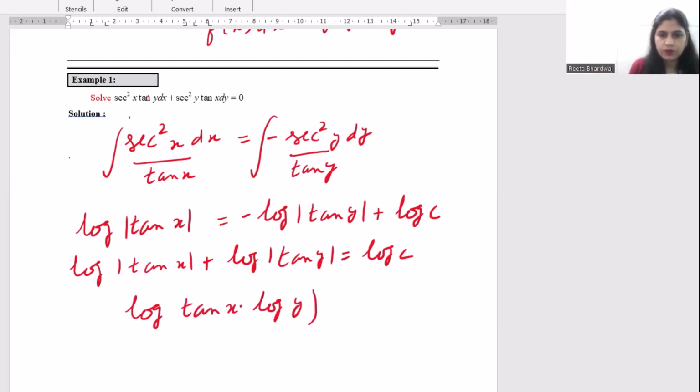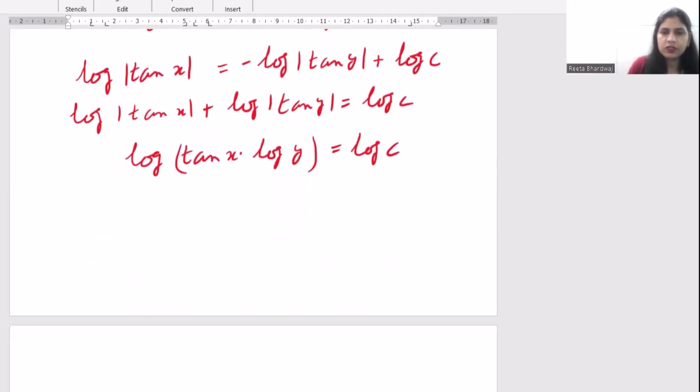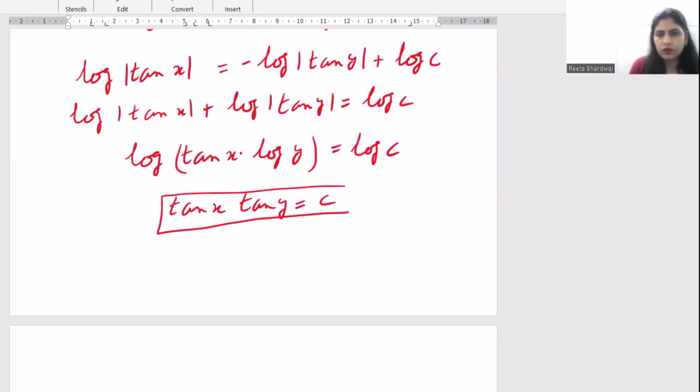So this is equal to log c. Now we can get rid of the logarithm from both the sides. So this is tan x tan y is equal to c. This is the solution of the given differential equation, and this is the general solution.